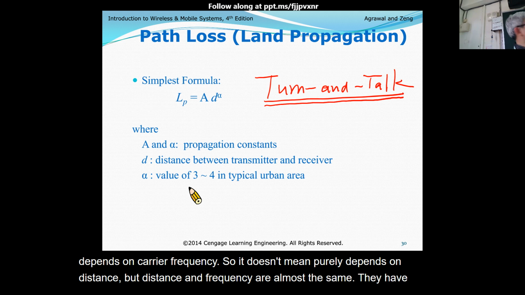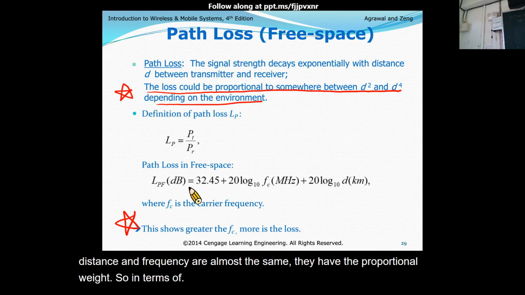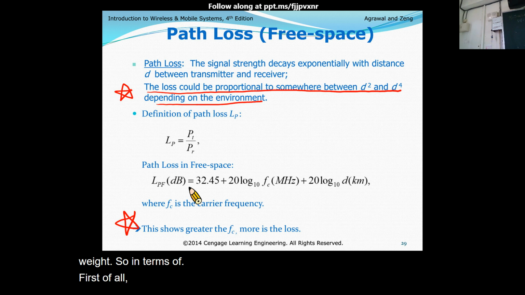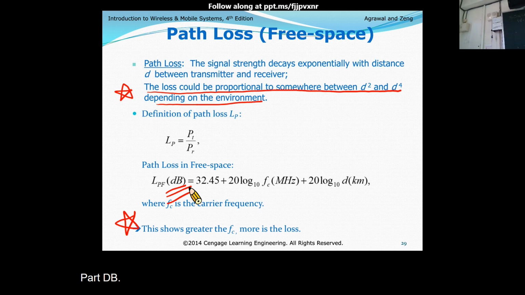So in terms of the current formula, frequency and distance act almost the same way, right? But dB doesn't mean the pure quantity.